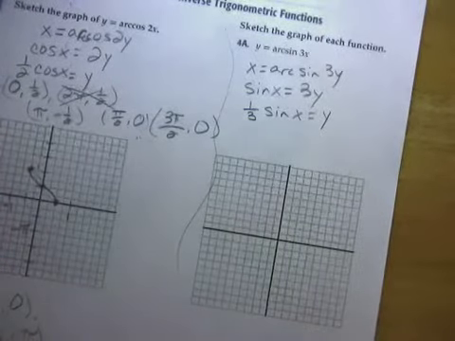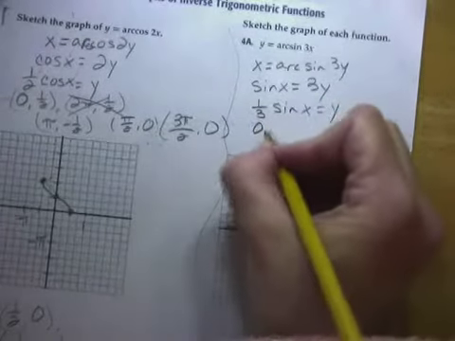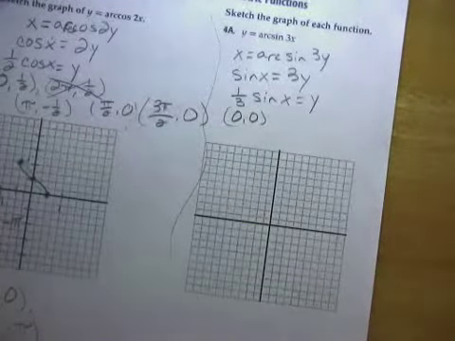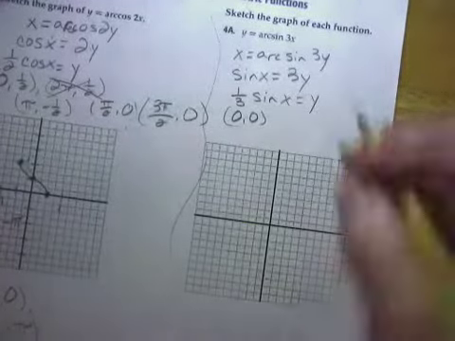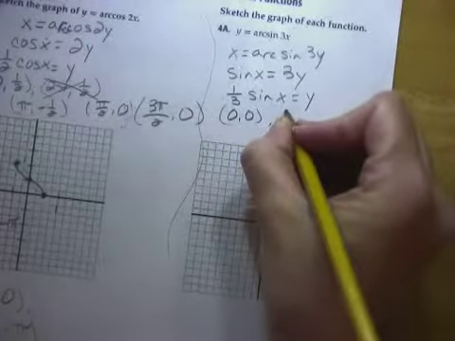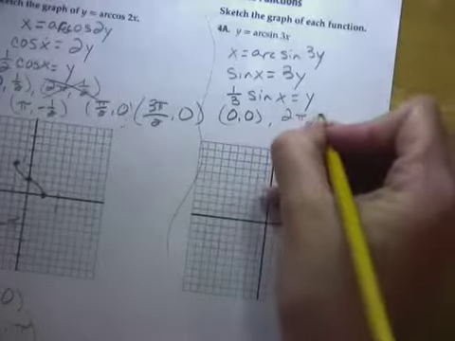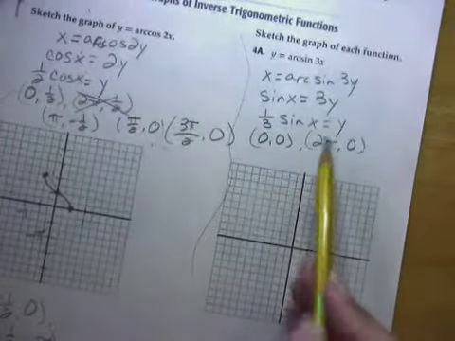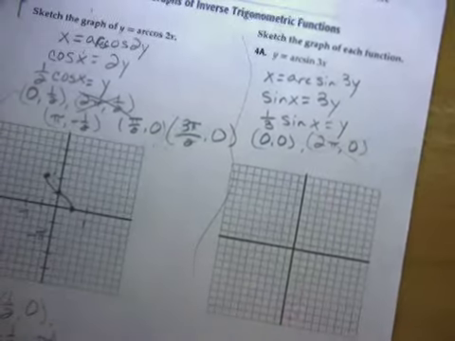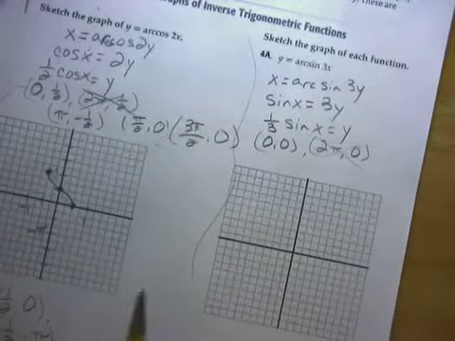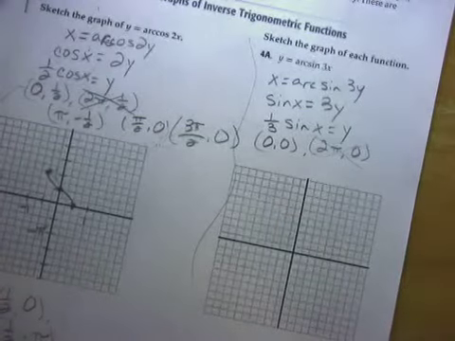So let's remember what the sine graph looks like. It passes through 0, 0. It would recycle itself at 2 pi, so it would also have a point at 2 pi, 0, and hopefully based on what you saw over here, you realize we're not going to be plotting the inverse of that point because it's outside of our accepted domain.